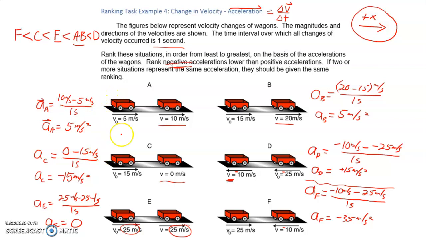All right. And if we think about this one, we can also go into a little bit of detail, or just a review, about velocity and acceleration. Here we have positive velocities and a positive acceleration. So velocity and acceleration in the same direction, speeding up. Same thing for B. For C, we have positive velocity. Okay, it is 0 at the end, but all during this in-between time, it's positive.